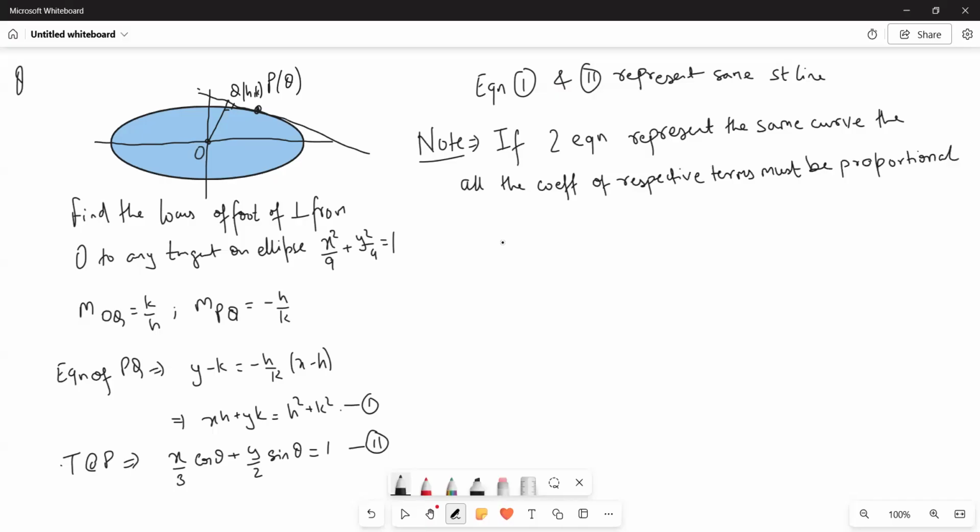So, what is the coefficient of x in equation 1? h, and the coefficient of x in equation 2 is cos theta by 3. So h divided by cos theta by 3 must be equal to the coefficient of y, k divided by sin theta by 2, which must be equal to the ratio of the constants, h square plus k square by 1.